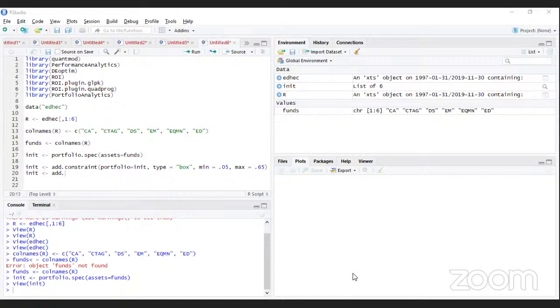Can you think of a situation where the summation of the weights of our portfolio is 0? No?